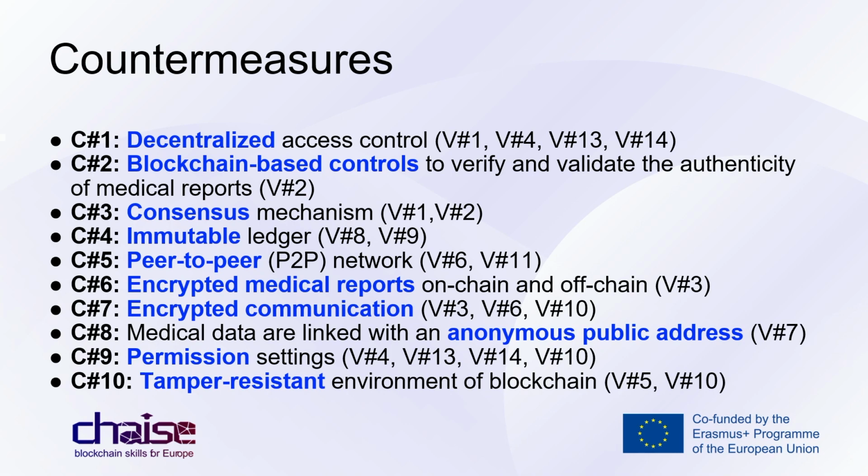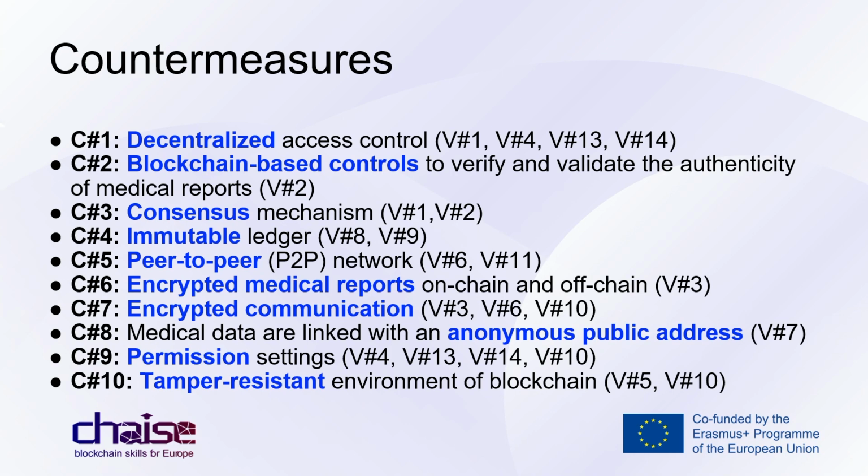So for instance, if someone is going to make some changes in these access controls, all the participant nodes on the blockchain network have to verify this change, and if this change is illegal or invalid, then they will discard it. So we can say that the decentralized access controls have more legitimacy or more power in the context of verifying and validating the authenticity of the access controls which are implemented.